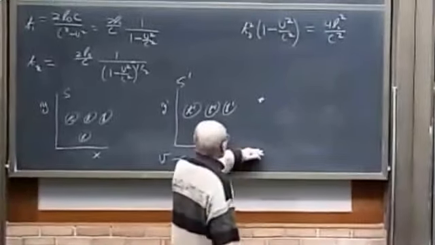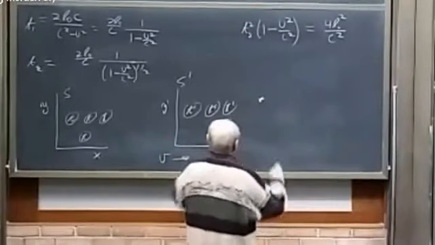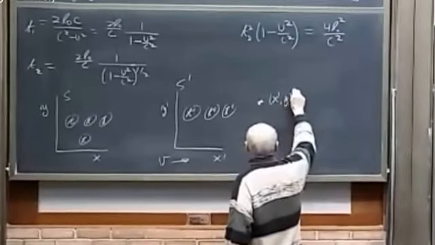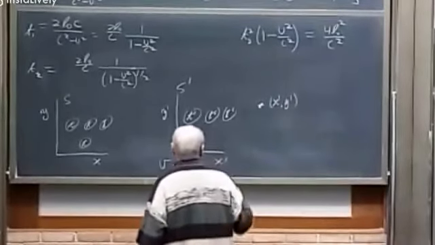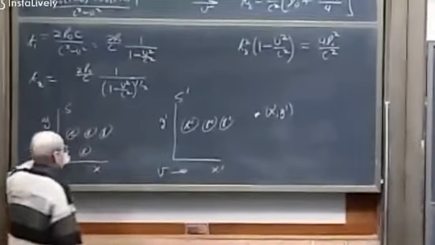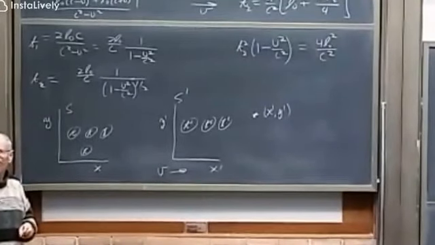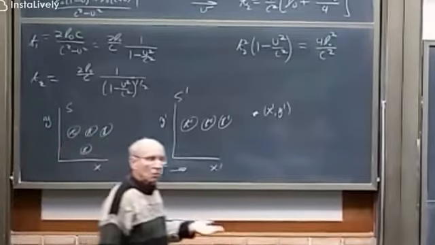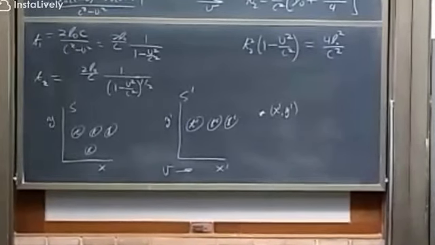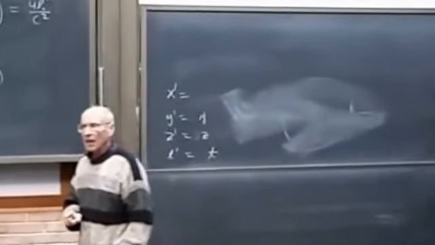All right, well, this is located at the point x prime, y prime. That distance is the same as it is over here. So, y is equal to y prime, z is equal to z prime. However, x is not.